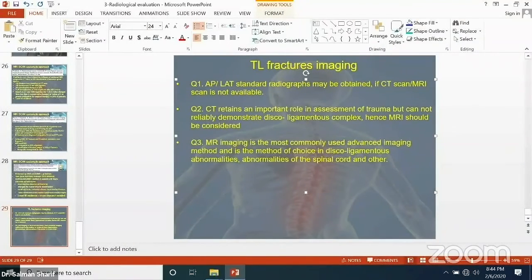And then the third: MRI imaging is the most commonly used advanced imaging method and is a method of choice in discoligamentous abnormalities and abnormalities of the spinal cord, CSF leak, or vascular problems, that is, let's say, dissection or blood clot. Absolutely right. Do you want to specify it or leave it?